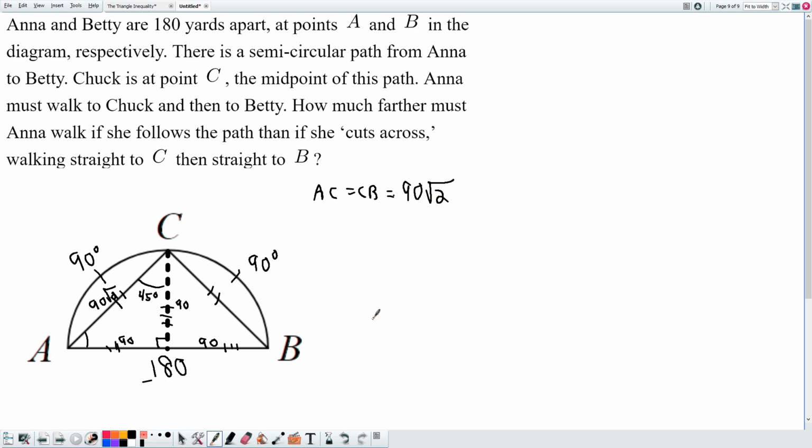And from there, now we want to find the lengths of the arcs AC and BC. Well, we can find the circumference by doing C equals 2 pi times the radius, which we know is 90 root 2. So the circumference is 180 pi root 2.